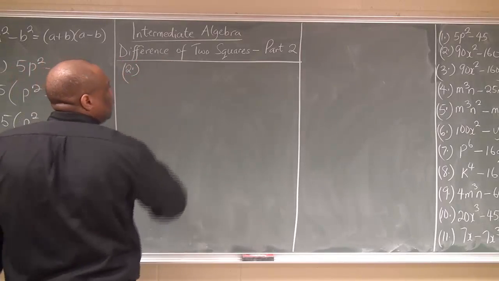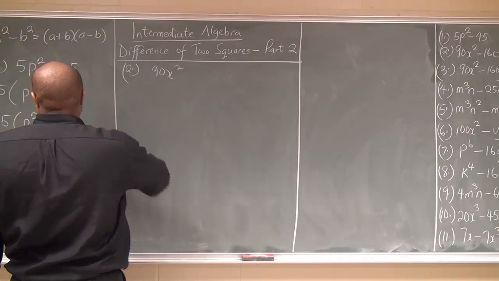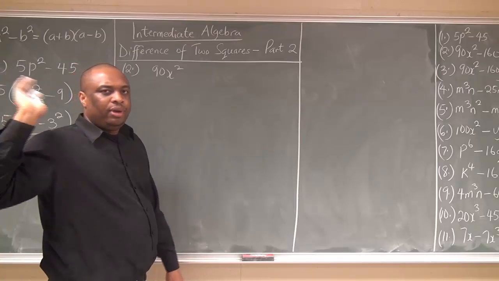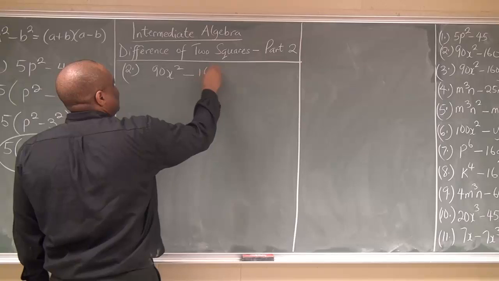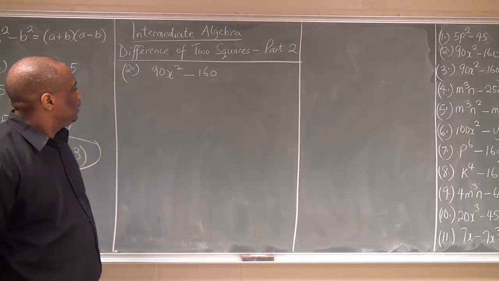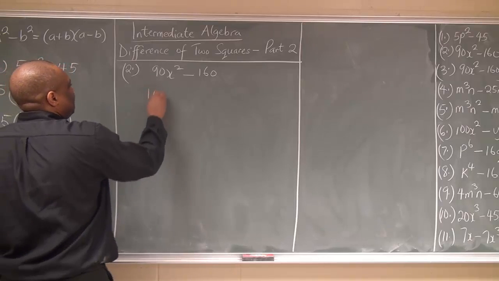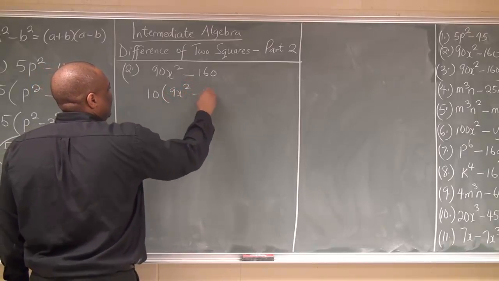Number 2: 90x squared minus 160. I'm not going to worry you about checking here. So what is the GCF here? The GCF is 10. And 10 into that will give you 9x squared minus 16.